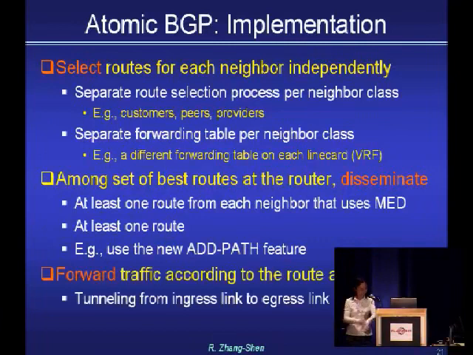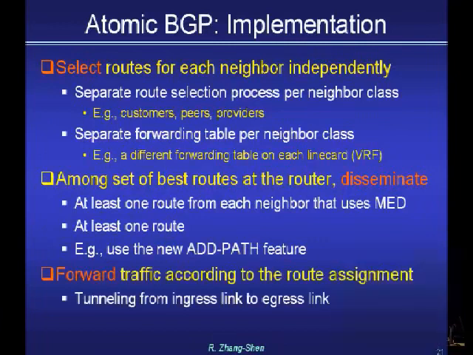And the third change we need to make is, once the control plane, the BGP, decides all the routes, we need to make sure the AS actually forwards traffic along the routes. The simplest way to achieve this is to use tunneling from ingress link to egress link of the AS. You don't need to use anything fancy. IP over IP tunneling is good enough.